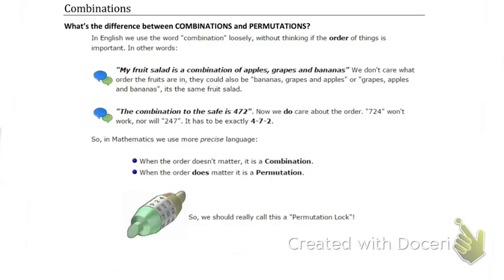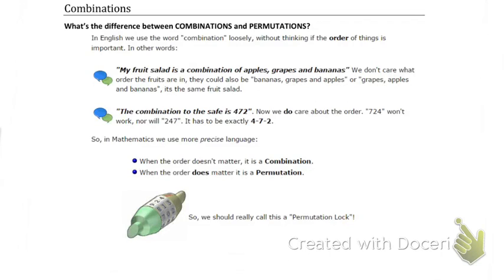I just want to come up with 2 examples of where order matters and where order might not matter. The first one is, if you have a fruit salad and you have apples, grapes, and bananas, does it matter what order the apples, grapes, or bananas are in your salad? Except for Mike, no, they don't. They're just in there. There's no specific order for them. I just have those 3 items in my salad.